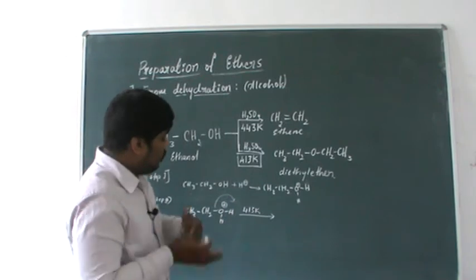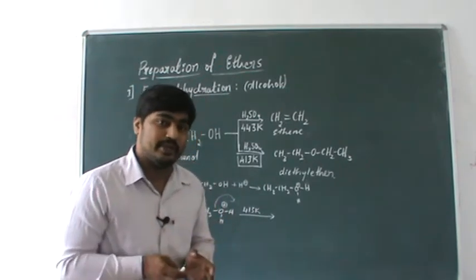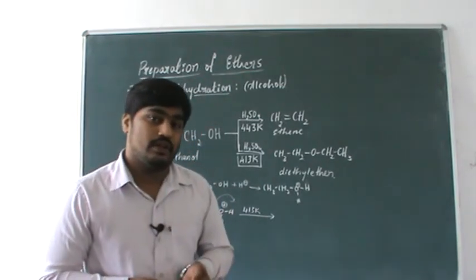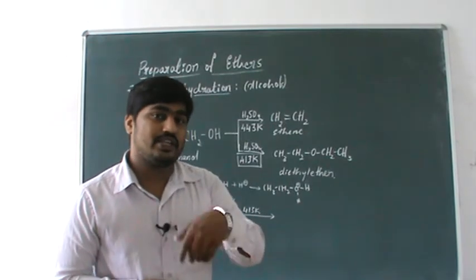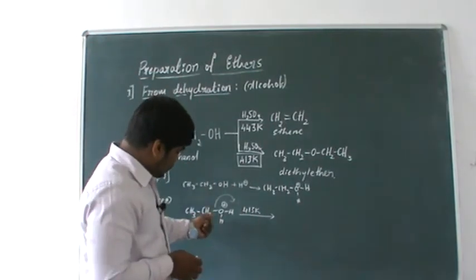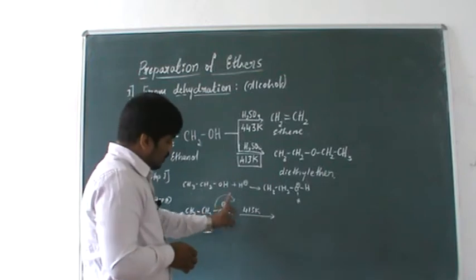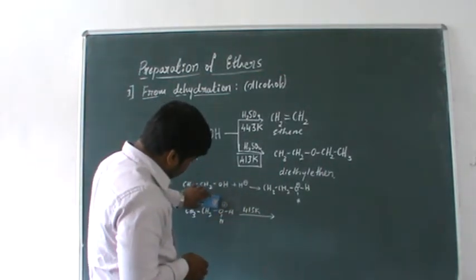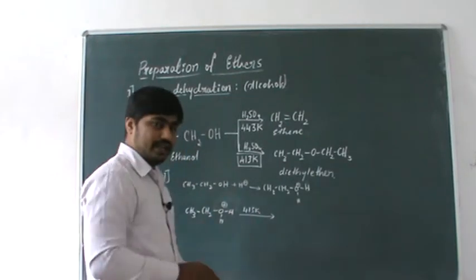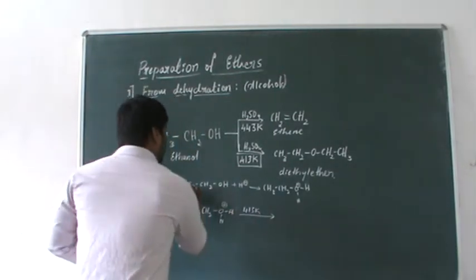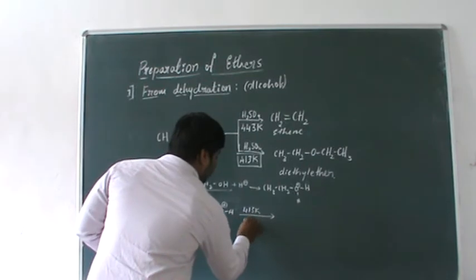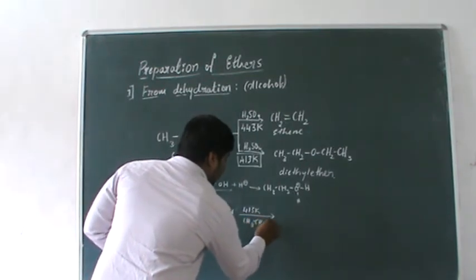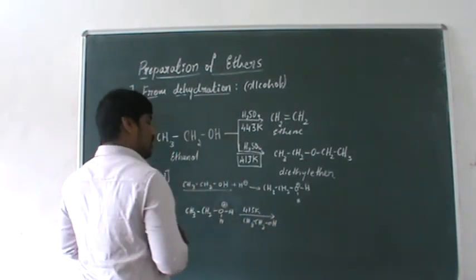But at a lower temperature, a different type of reaction dominates. This one dominates the dehydration. It follows a substitution reaction. In the reaction media, there is another molecule of alcohol.